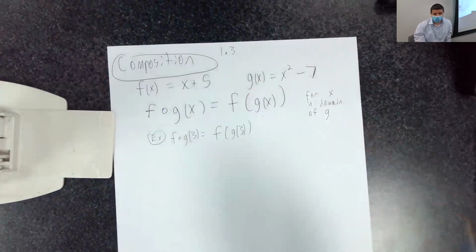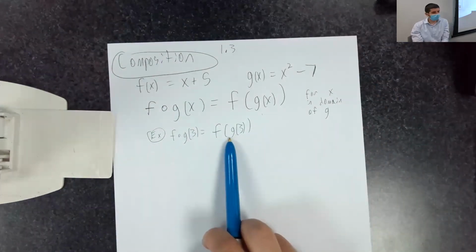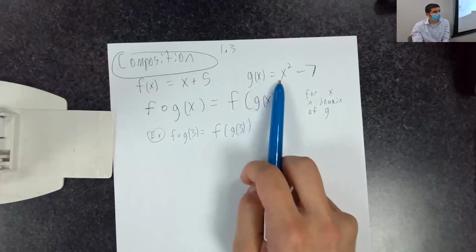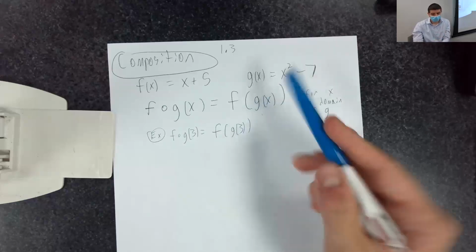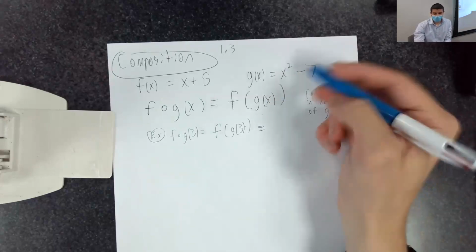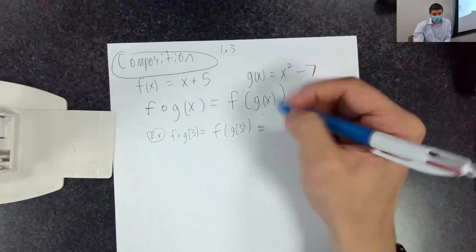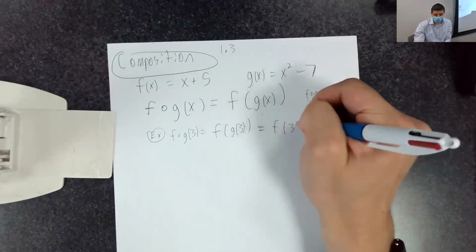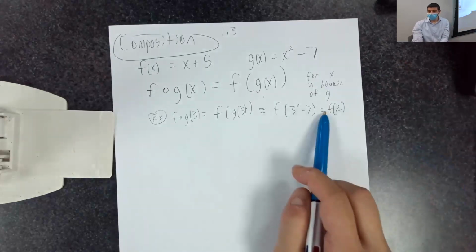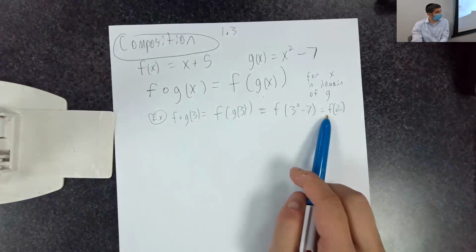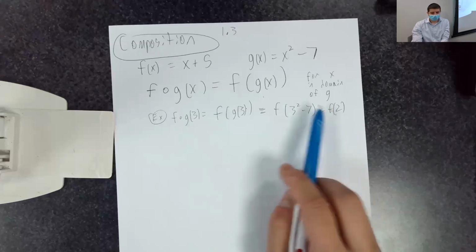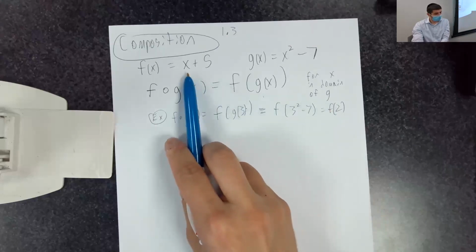So what is composition really doing? First I'm doing g of 3. What's g of 3 if I plug in 3 for g? 2, right? So g of 3 is 3 squared minus 7, which is 2. And now what I get for g, I plug back in for f. So what's f of 2? Right, 7, 2 plus 5.